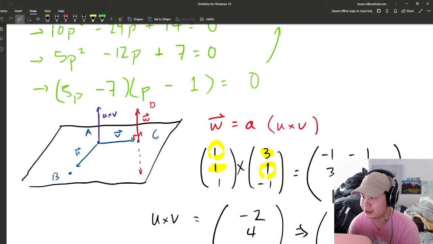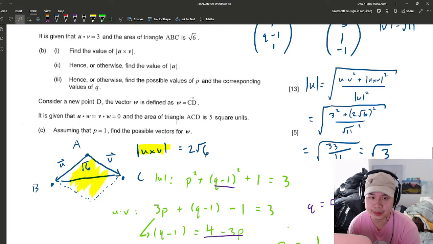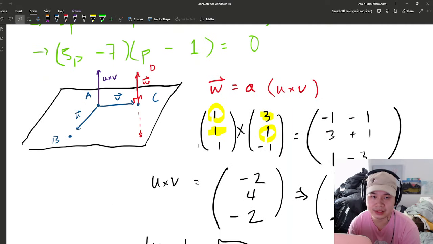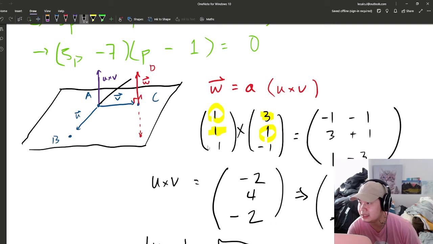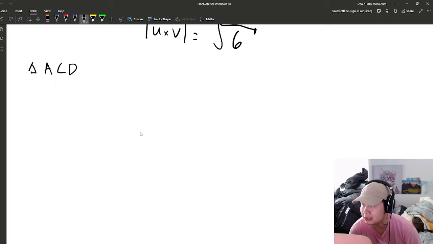We need to find out how long W should be. And we know ACD is 5 square units. Okay, now this is going to get really messy. ACD is this triangle, right? And we're going to do the same concept. So triangle ACD is 5.